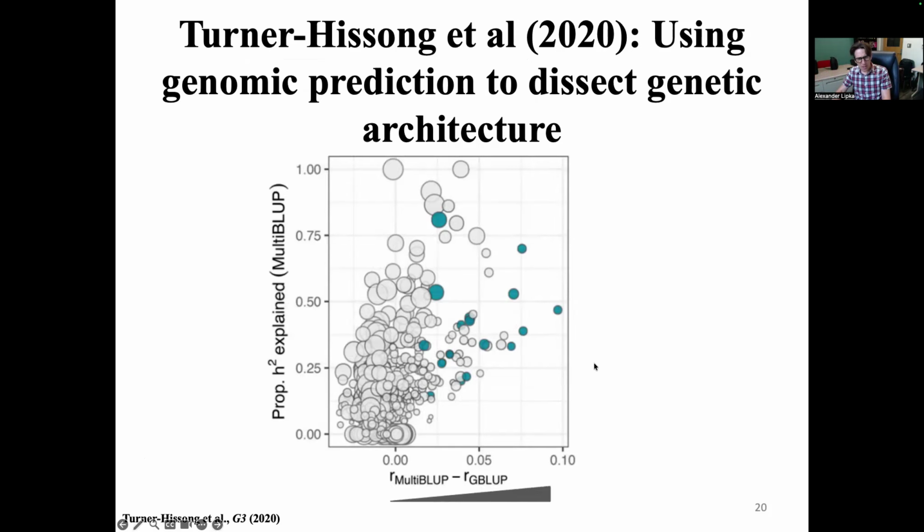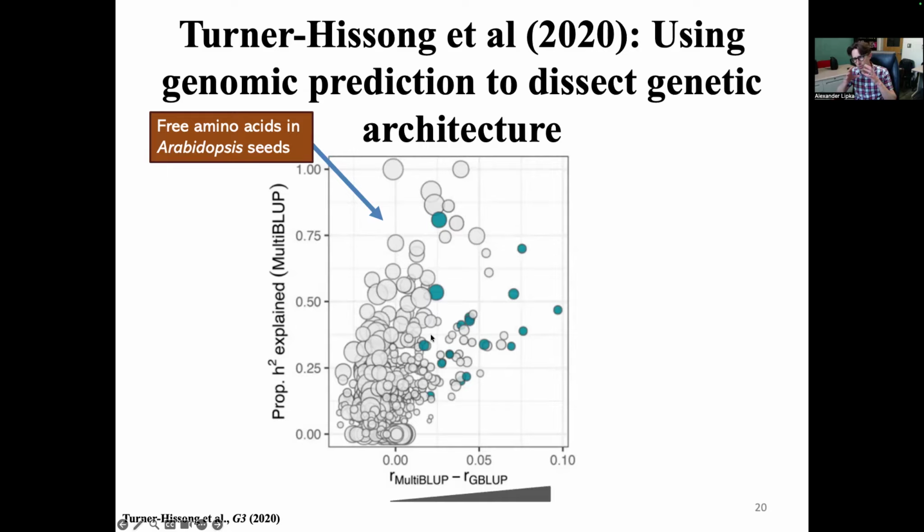So here is a summary of our results, all right? So we looked at free amino acids in Arabidopsis, okay? And each of these circles represents a different set of candidate genes, okay?